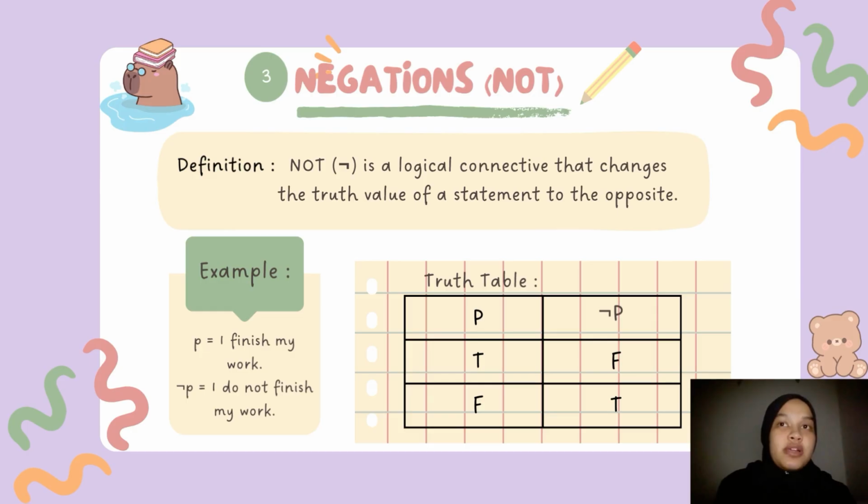Looking at the truth table, when P is true, not P is false. And when P is false, not P is true. So the connective simply reverses the truth value of a statement. It is commonly used in mathematics and logical reasoning. Thank you.